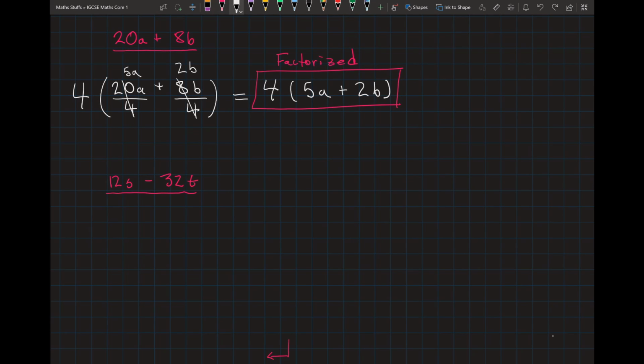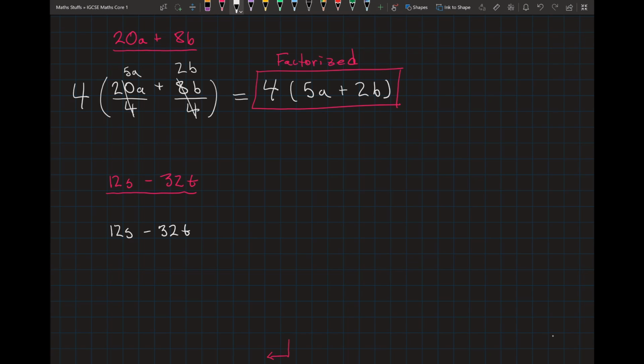We do the same thing as we did in the first example. So we've got 12s minus 32t. Now our variables are different, so we can't pull the variables out.